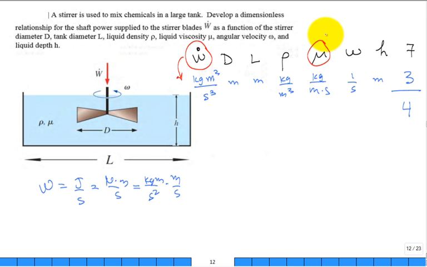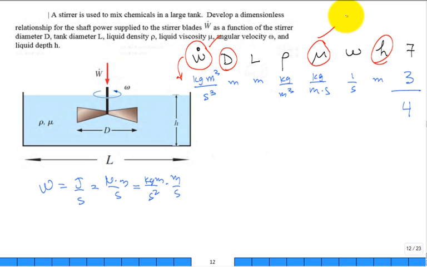So now I need 2 others to build around. Which one would you like to build around? D. You can build around D. And last? Which one? Height. There you go. These are the most important.